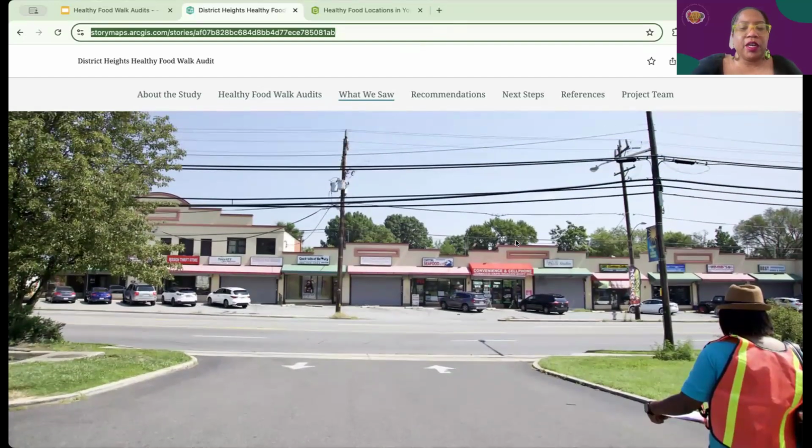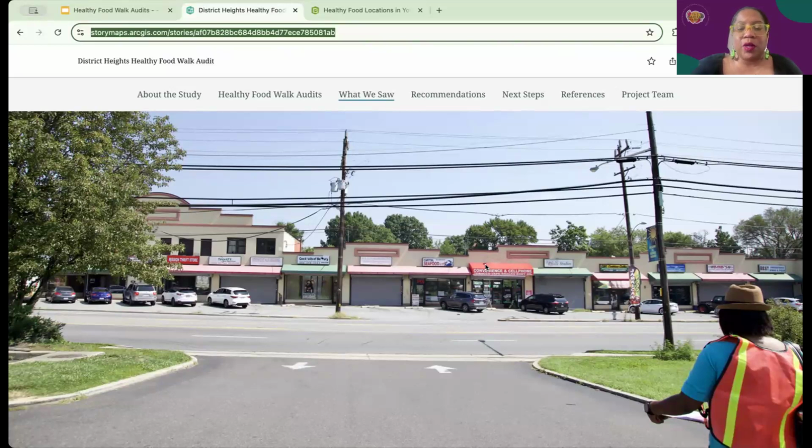This is an image of part of the walking route. So this is a direction, actually, I believe from the local library over to a more commercial section of the community, right? So this is for community members, right? If you're coming from the library, this looks like it may not be the best place to cross the street, but it is the easiest direction.